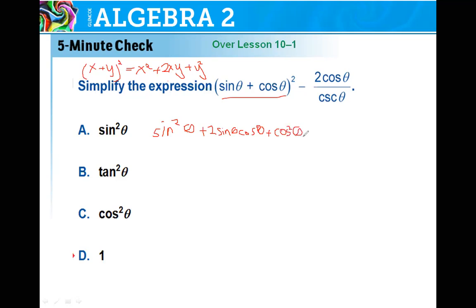Okay, this is the bracket. Minus 2 cosine theta over cosec theta. Thanks, Musa.